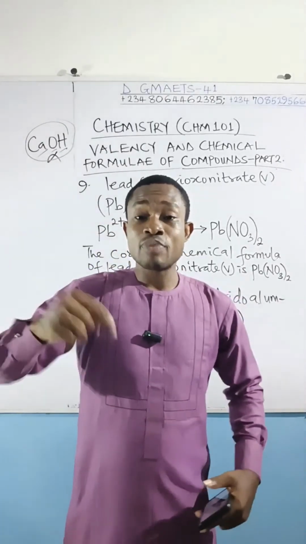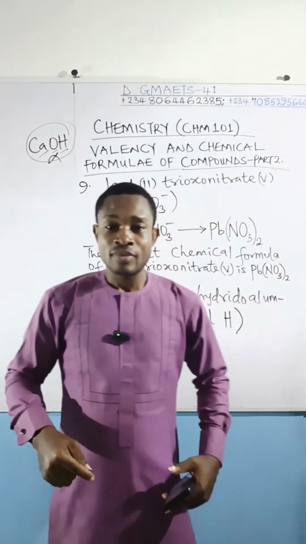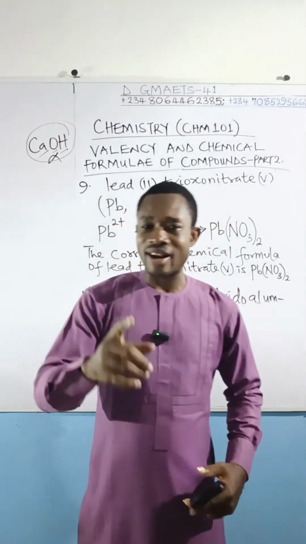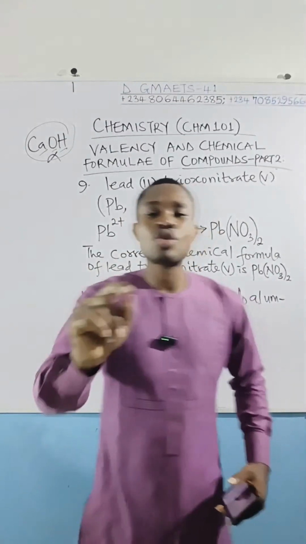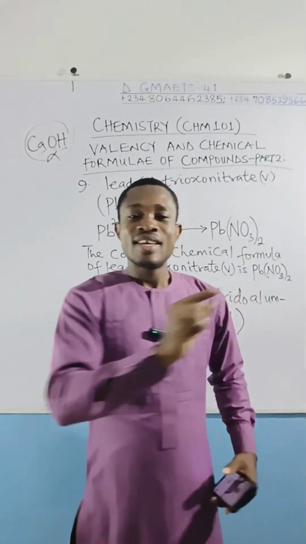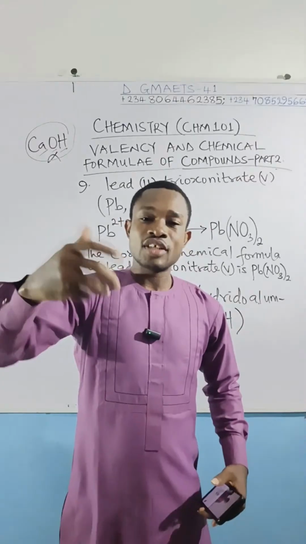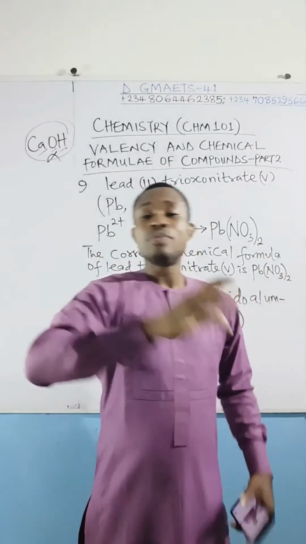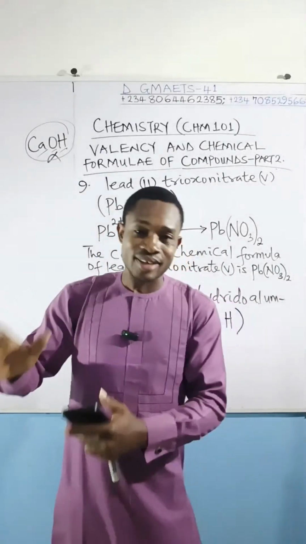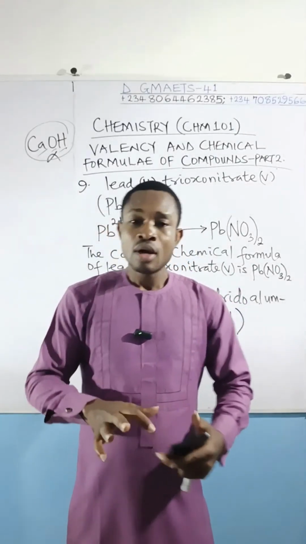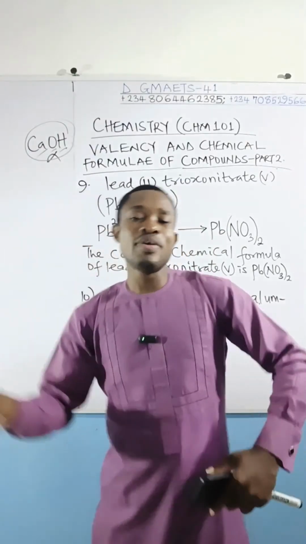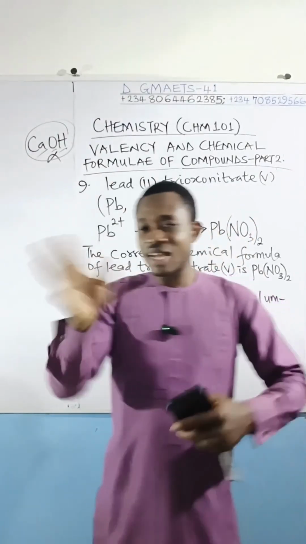Now, I had told you in one of our previous classes that if hydrogen is combined with a highly electronegative element, a non-metal, hydrogen will be behaving as a metal in that case. But if hydrogen is combined with a metal, it will be behaving as a non-metal. So it has these two behaviors.